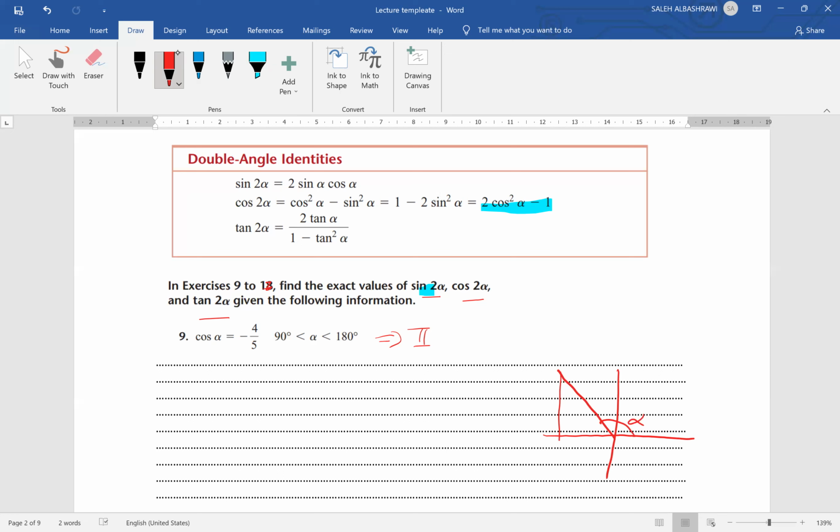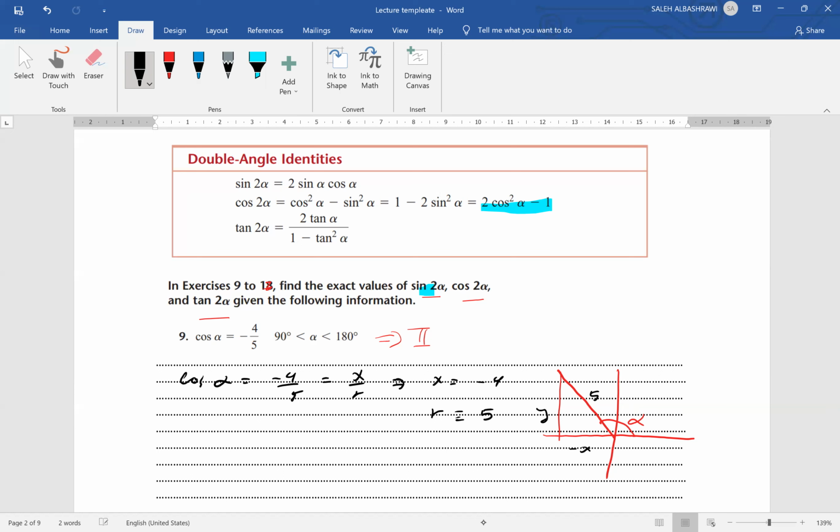we know that cosine alpha, which is equal to minus 4 over 5, is x over r. This means x is minus 4, because in the second quadrant x is negative, and r is equal to 5. So we need to find y.